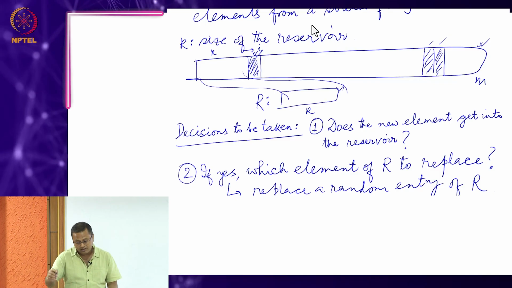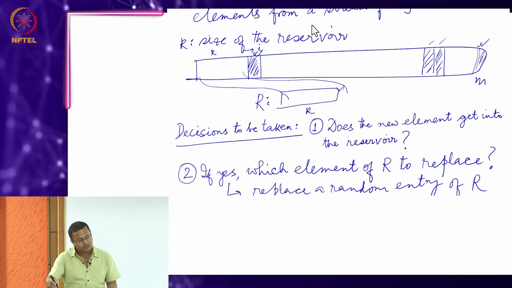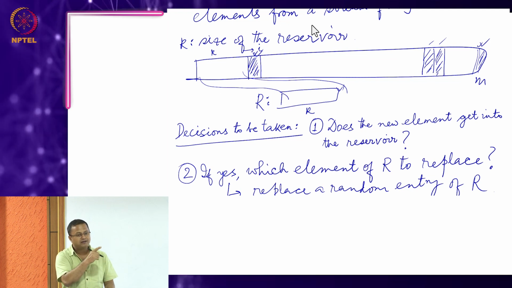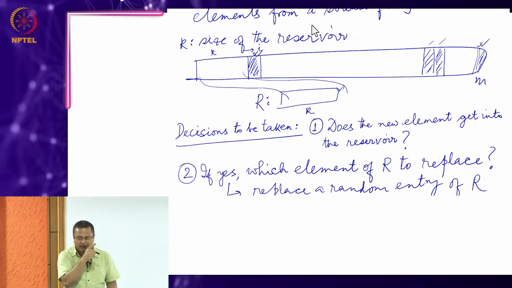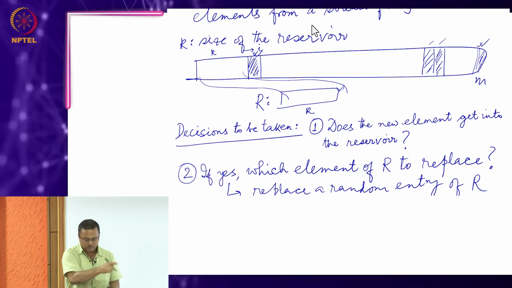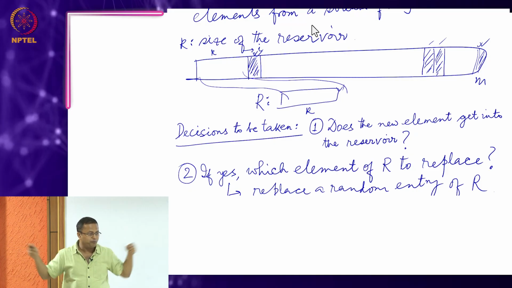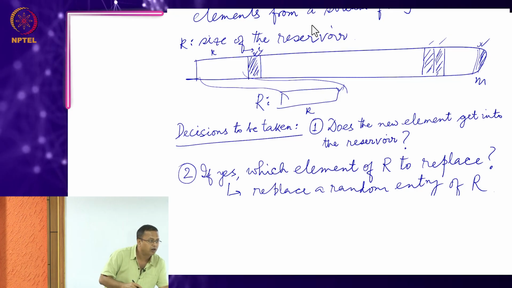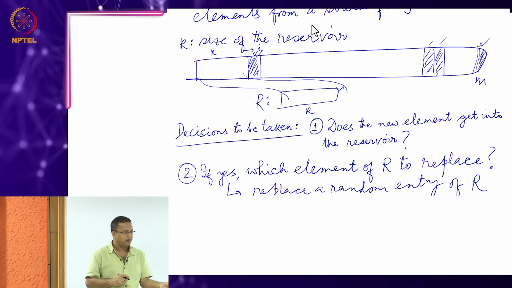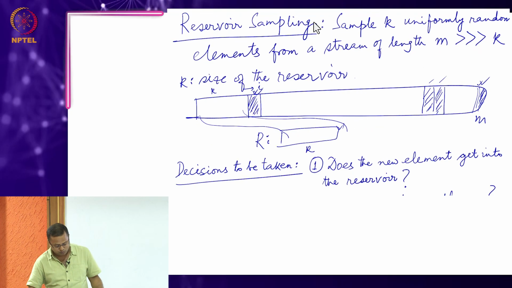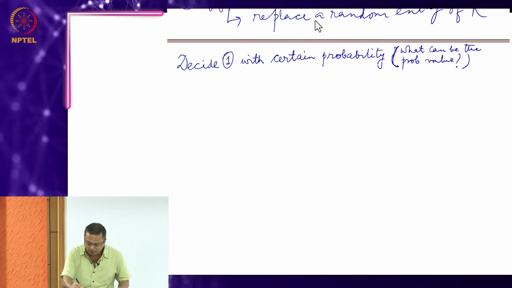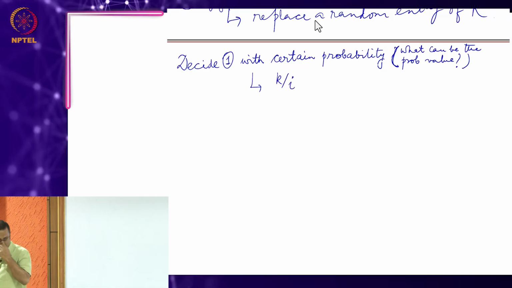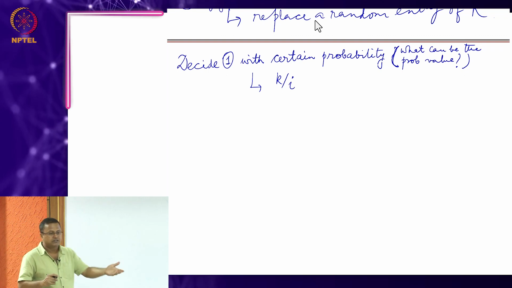Mind you, there is obviously always a chance of this element to get into the reservoir, and I am not ruling out that chance, but I am making it get into the reservoir with a cost, because if your stream length is very big compared to k, the probability of this element to get into the reservoir is small. So, it perfectly makes sense to make this probability k by i, where i is the length of the stream seen so far.